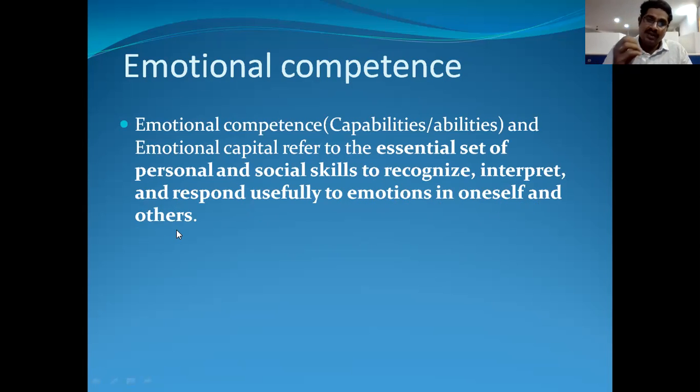So having the personal skills and the social skills, and recognizing them, interpreting or presenting them, or putting them into action in front of the society, is useful for our emotions in oneself as well as others, right?